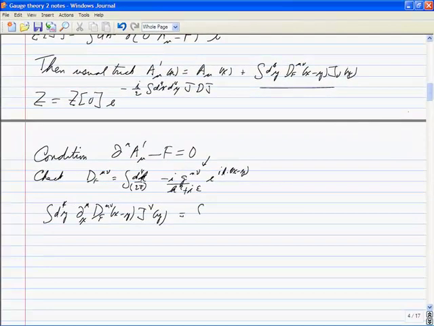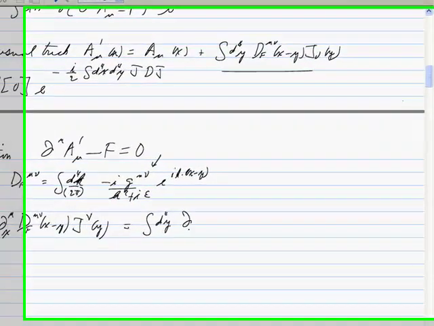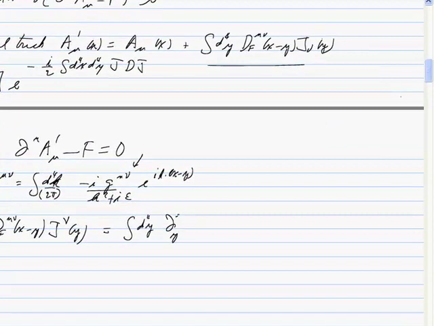That turns into the integral d4y. Once I'm under the integral sign, I can make that d by dy mu of J nu of y. And I can then integrate by parts.